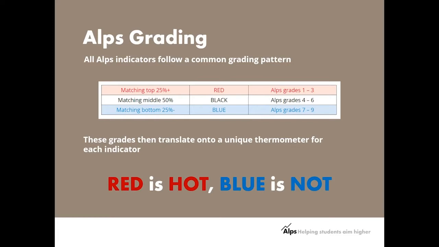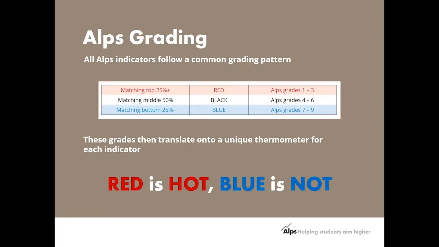This means that you have matched, for that indicator, the progress being made by the schools or subjects in the top 25% in the national database. That means that you're going to translate into an Alps grade of 1, 2 or 3, and that indicator is going to be coloured red, as I said.